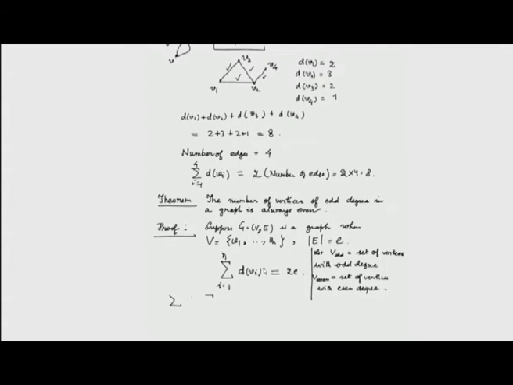One sum d(Vi), where this is over V odd, and the other sum is again d(Vj), where this is over V even. We can write all Vi belonging to V odd and all Vj belonging to V even, and this is equal to 2 times E.